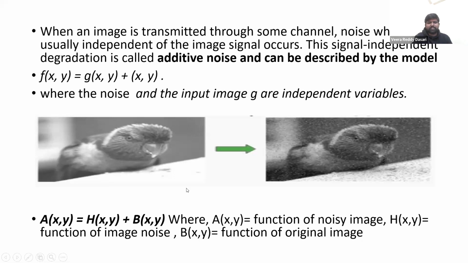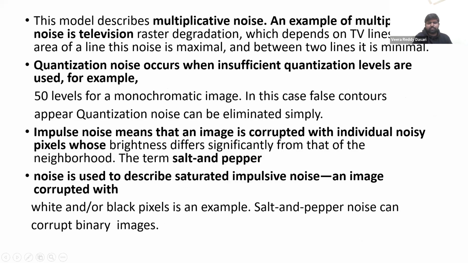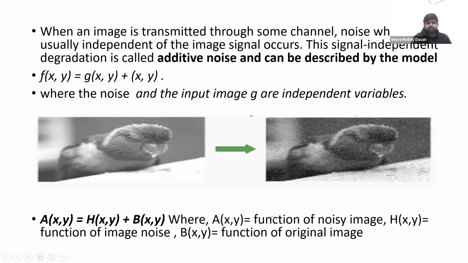If you want to understand very clearly, here you can see that a of x comma y is equal to h of x comma y plus b of x comma y. This is how you represent mathematically how noise can occur in images.